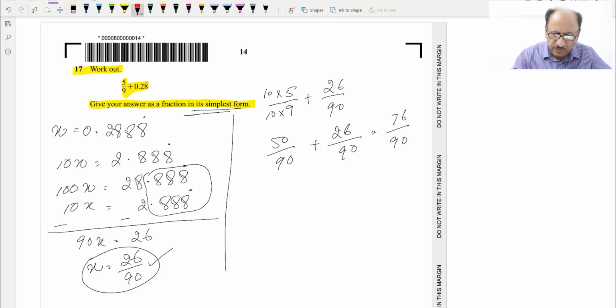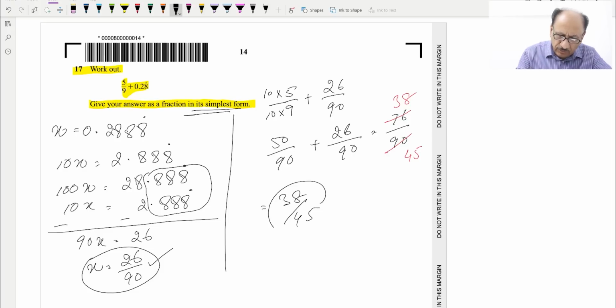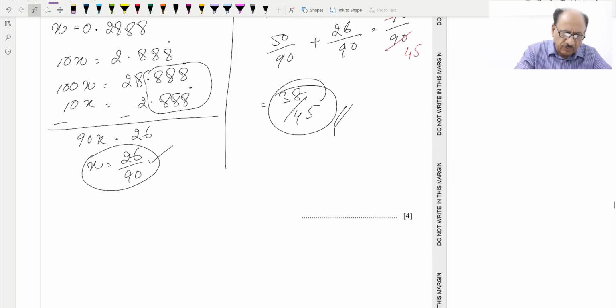We can write this as 2 45s are 90, and 38 2s are 76, so our final answer will be 38 over 45. This will be our final answer, and this is for 4 marks. Hopefully you understood everything. We can write the answer over here at the proper location provided.